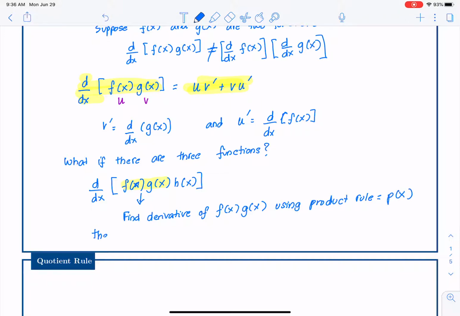Then we have to do the derivative of p of x times h of x using the product rule again. So if you have multiple functions in a product, then we've got to apply the product rule multiple times, and things would get really out of hand.